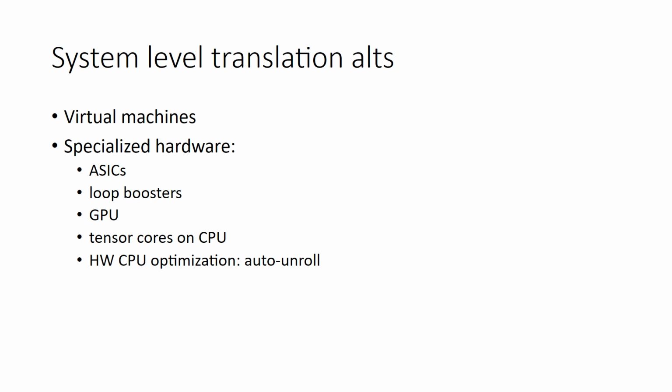So, for example, we can imagine the architecture when the code comes to the CPU and it knows that it is a loop. And how do we do that? It's completely another question. So why not offload that to the loop booster, which operates on loops faster than the CPU does, and then return with the results it has.